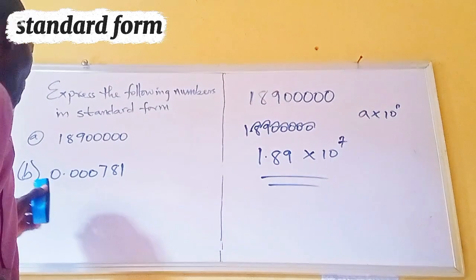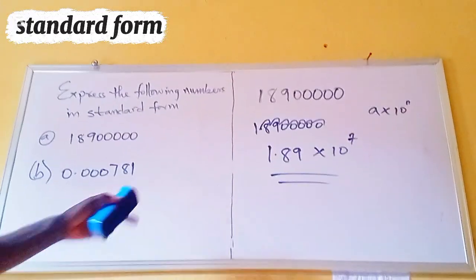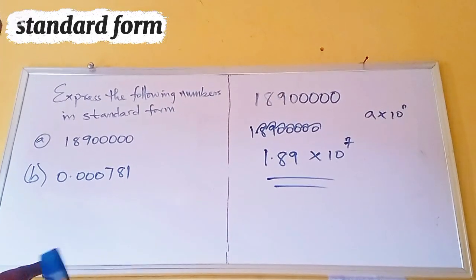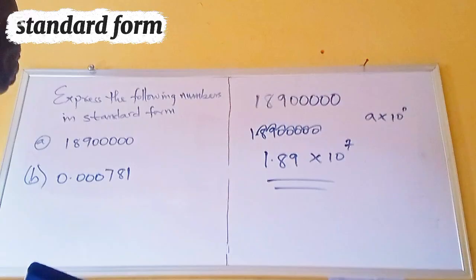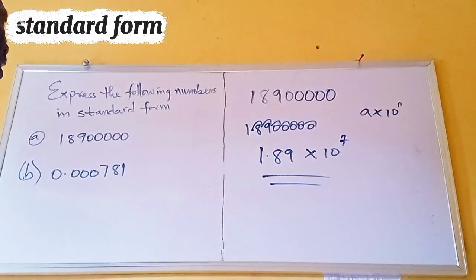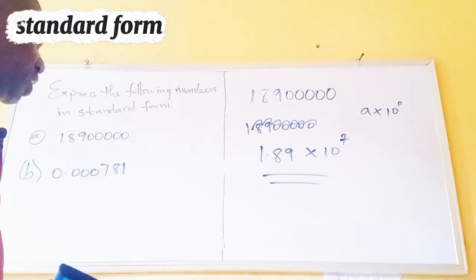Back to our second example. So the second example from that break is this: when you are having a decimal fraction and you are told to express it in standard form or scientific notation.